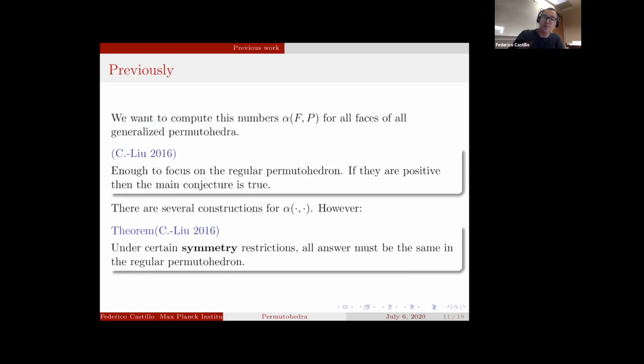And we also knew that under certain symmetry restrictions, it doesn't really matter how you compute these alphas, because there are different ways and they feel different, but as long as there is a certain symmetry condition, all of them have to agree. So only with existence and properties, we can say something about these numbers. This was work 3 years ago. I'm going to say symmetry many times. It's going to be highlighted because that's really important, the shortcut to compute everything.